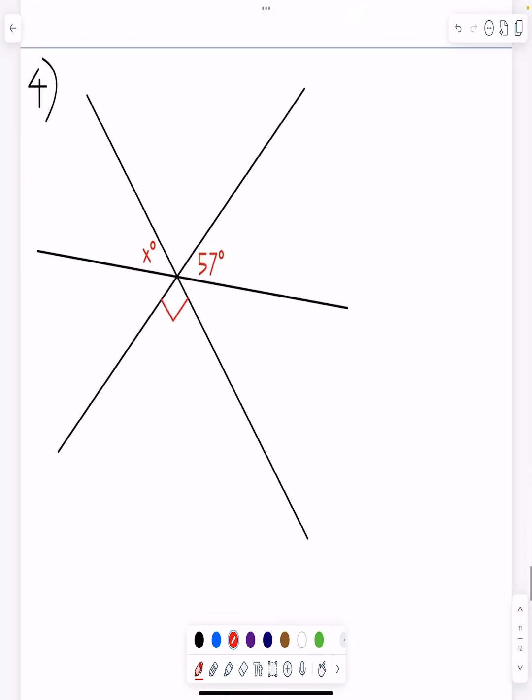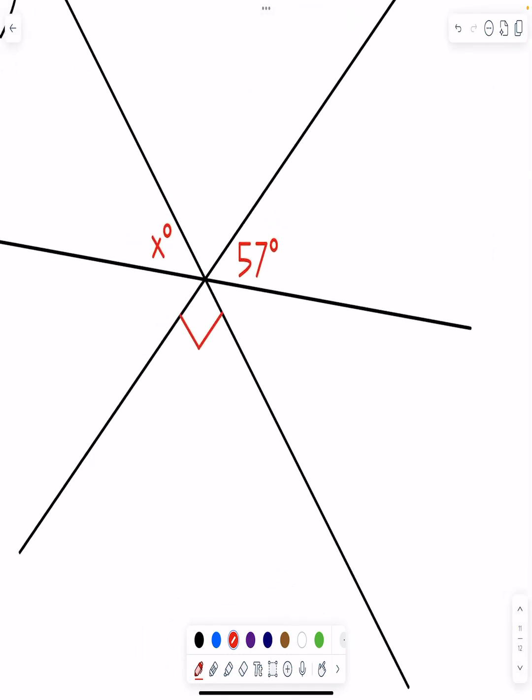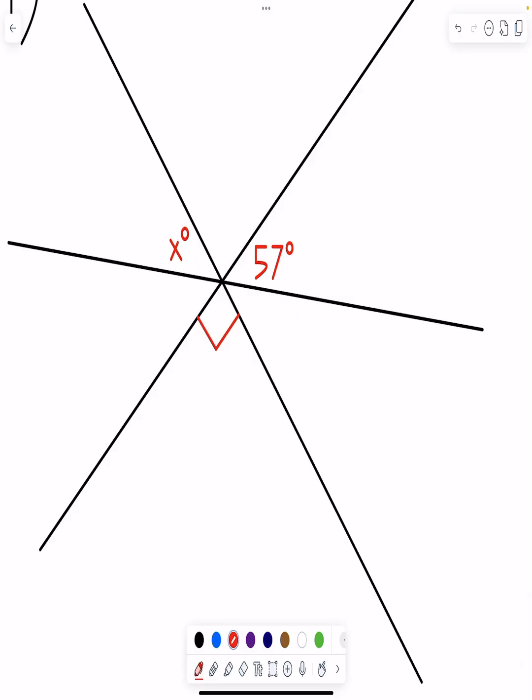Let's try another one. We're given 2 bits of information again. I have this red symbol notation here denoting 90 degrees.